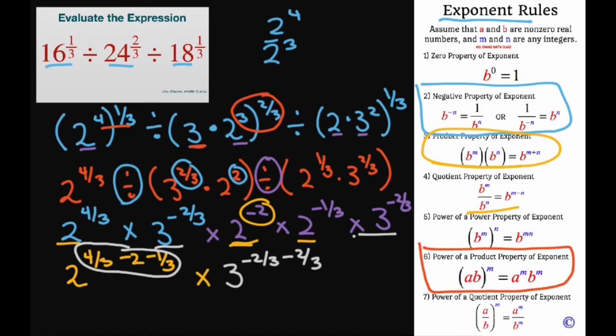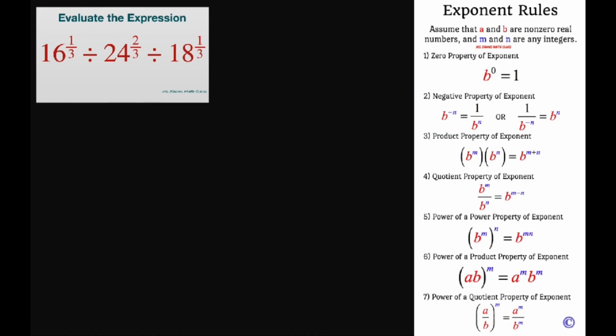So this is going to be 2 to the power of negative 1 times 3 to the power of negative 4/3. I'm running out of room, so I'm going to write that again. We have 2 to the power of negative 1 times 3 to the power of negative 4/3. All right.